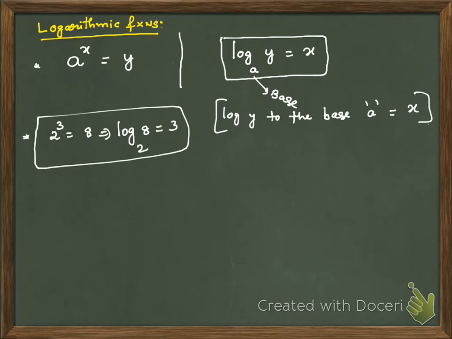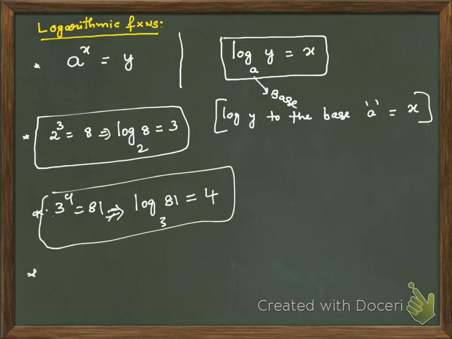So whenever I write a power x equal to y, I can write it as log y to the base a equal to x. For clarity's sake, if I have 3 power 4 equal to 81, then I can write it as log of 81 to the base 3 is equal to 4.